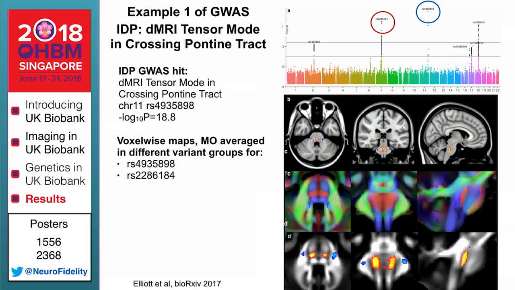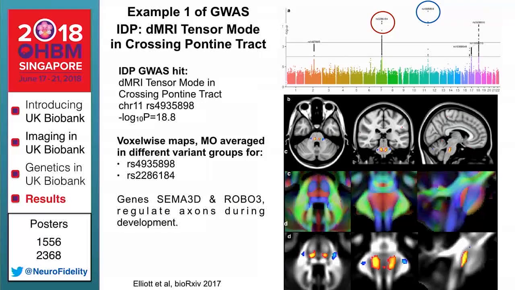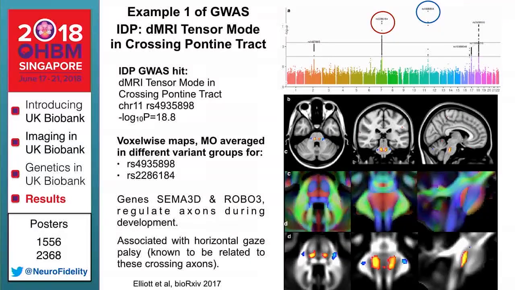It's affecting a very concrete part of the brain, and those SNPs are also related with those 2 genes, SLC25A and ROBO3, which are also affecting axons during development. And these genes are also known to be related with horizontal gaze palsy, which is a disease that is known to be related to those crossing tracts.